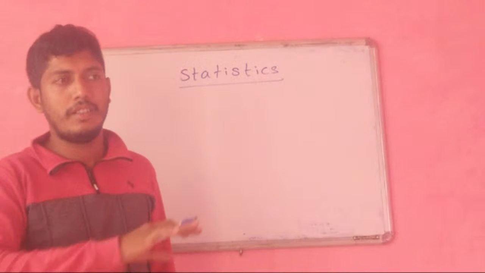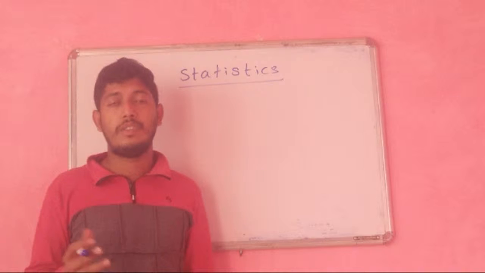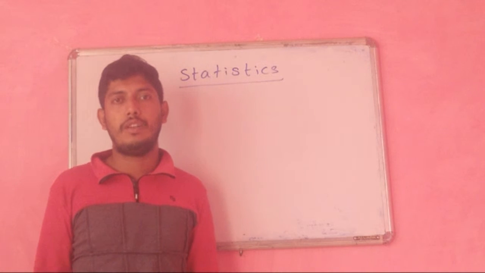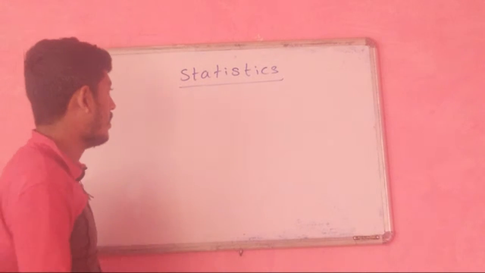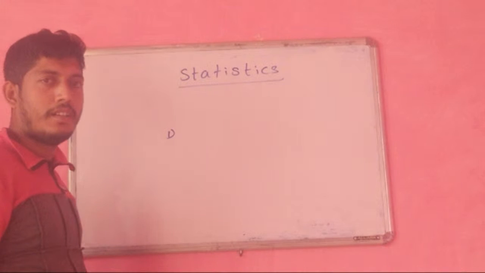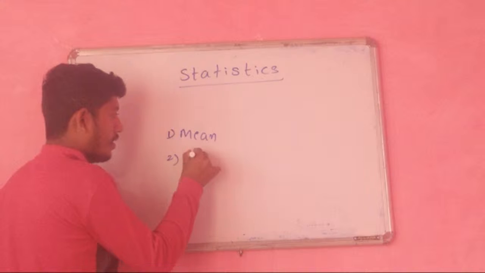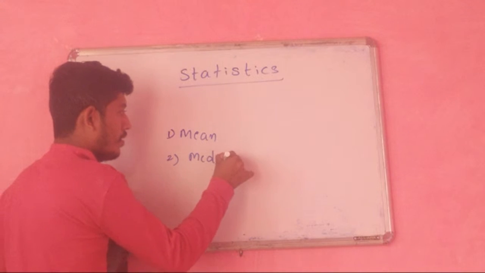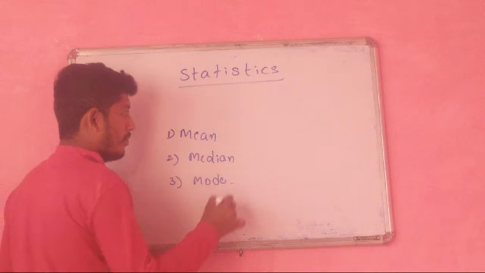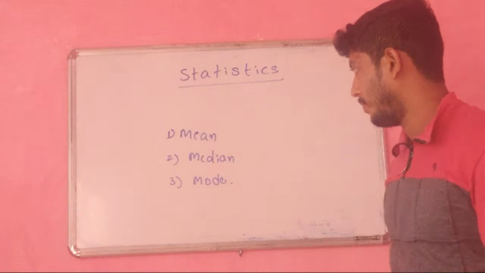Cluster means they form a group or they are near, having the tendency to come to the central value. That is called central tendency. In central tendency, we have three categories. One is mean, the second one is median, and the third one is mode. Mean, median, and mode.